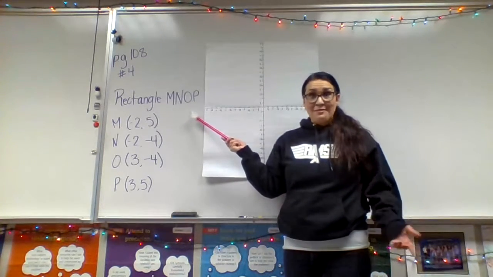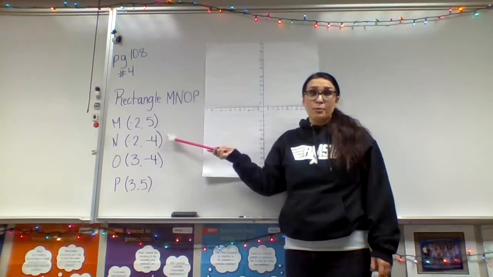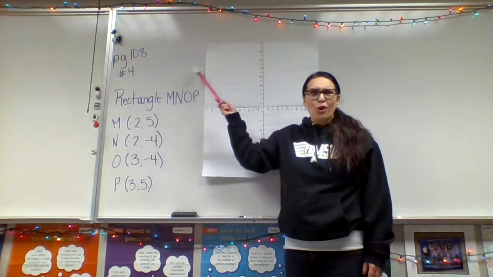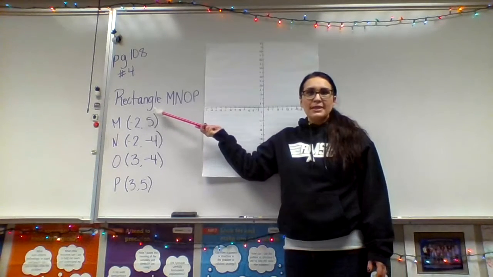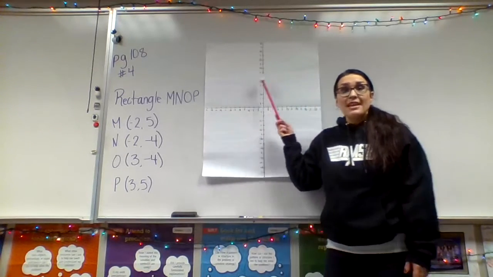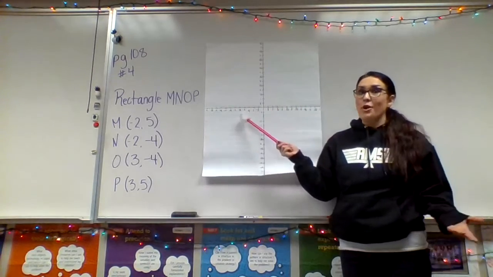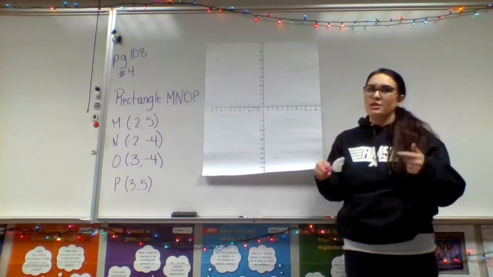M, N, O, and P all have different ordered pairs that show me where the corners of this rectangle are. In your book, it says rectangle MNOP, and what's that referring to? It's referring to the shape that we are about ready to create. How do you create a shape, you ask? Great question.